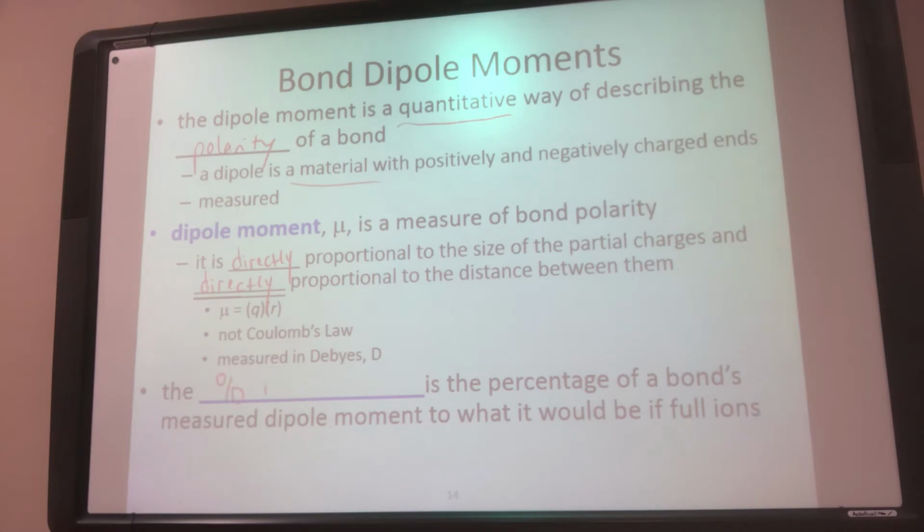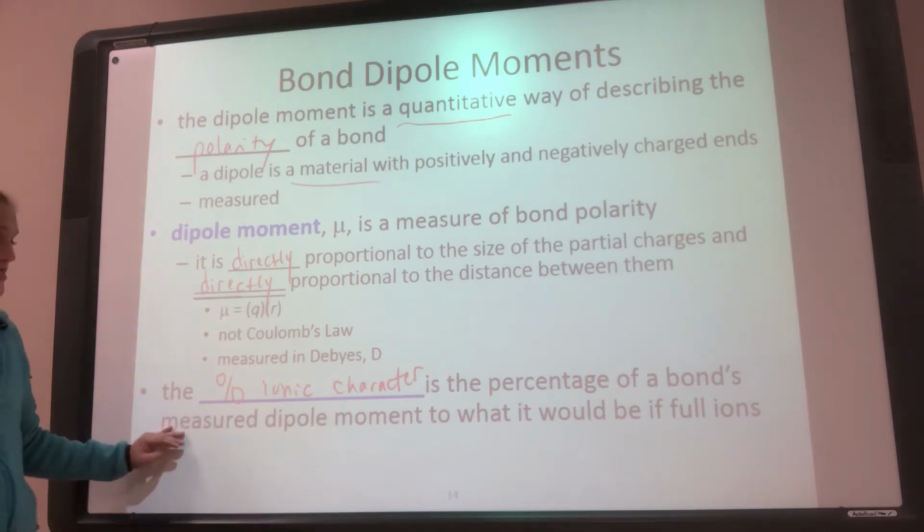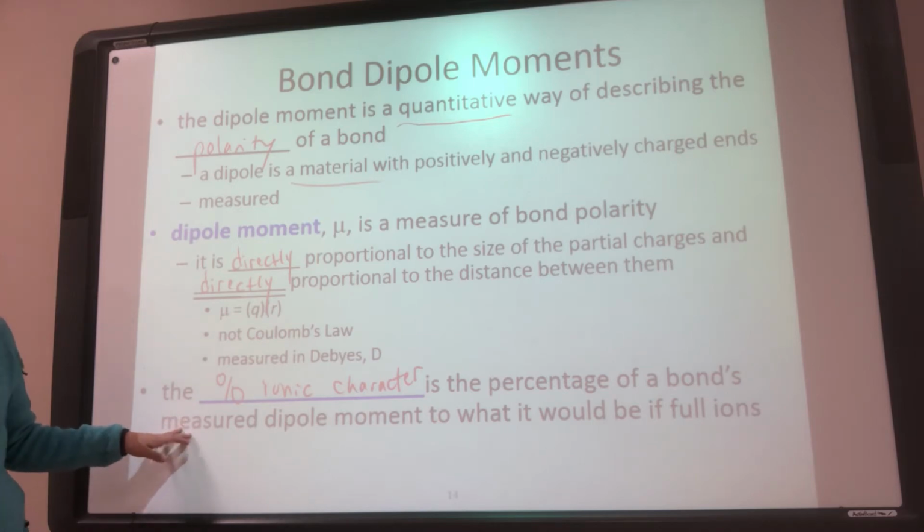Another thing that I might want to talk about is the percent ionic character. So this is the percentage of the bond's measured dipole moment to what it would be if it was full ions.